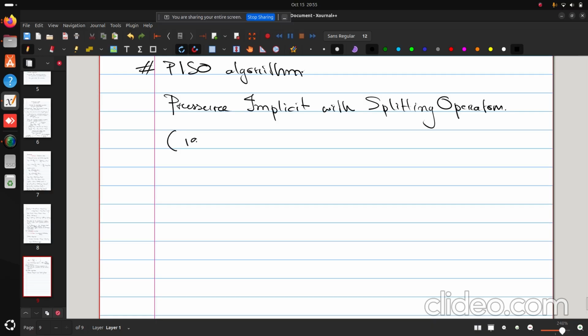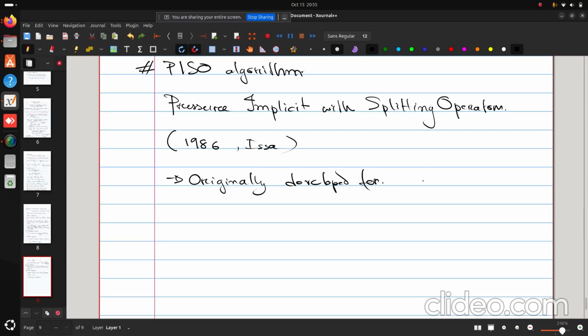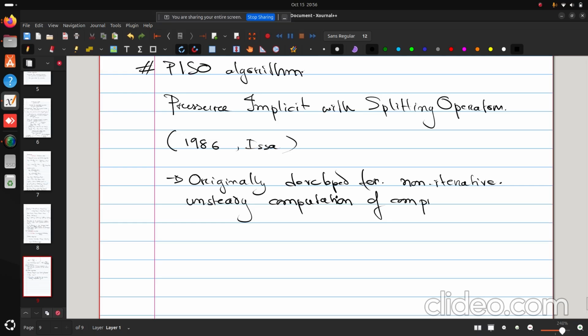It was developed in 1986 by Issa, and it was originally developed for unsteady computation of compressible flows.